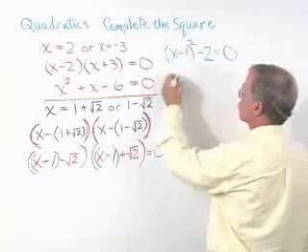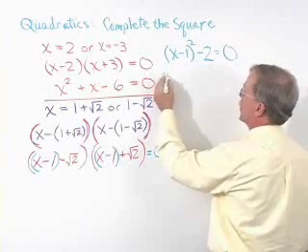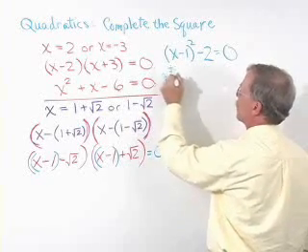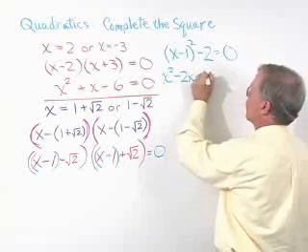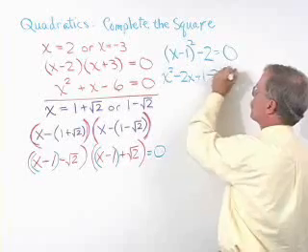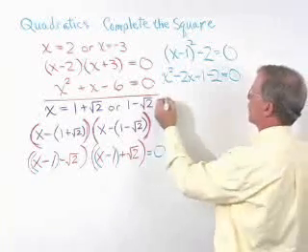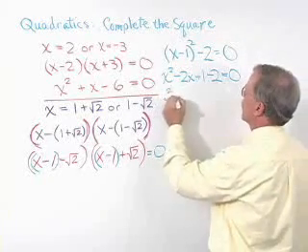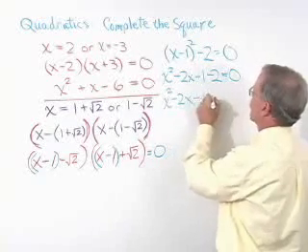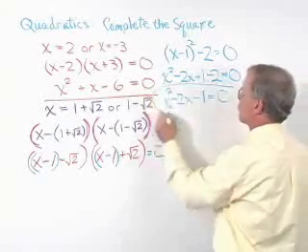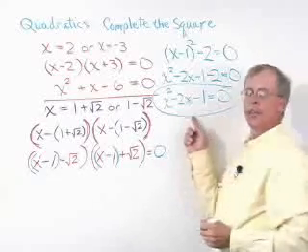And when I expand, x squared minus 2x plus 1 minus 2 equals 0, I'll find that I have x squared minus 2x minus 1 equals 0 as my desired equation.